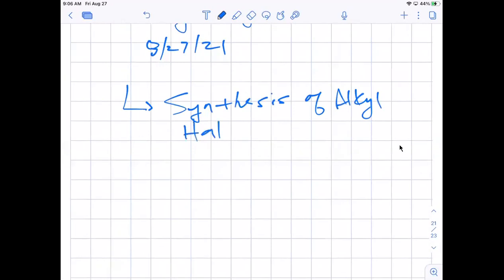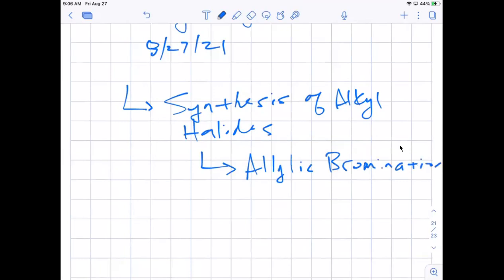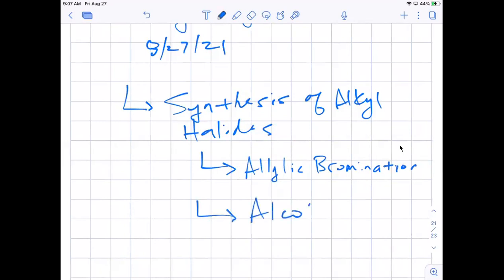Synthesis of alkyl halides and the methods we've talked about so far: we talked about allylic bromination, and then we're also going to talk about alcohol conversion to alkyl halides.